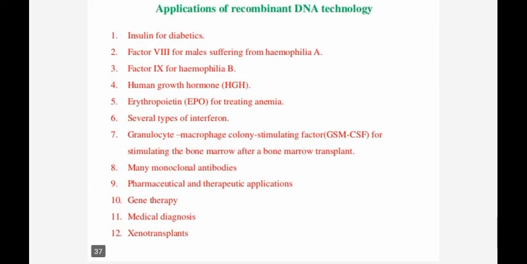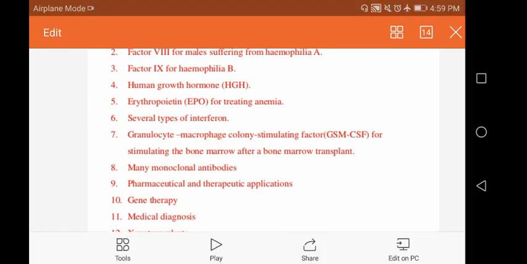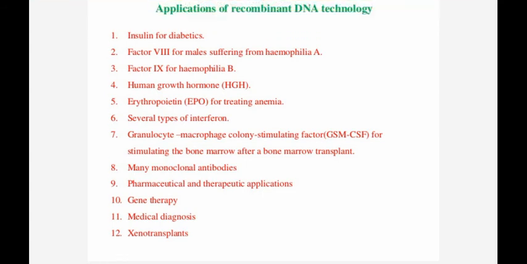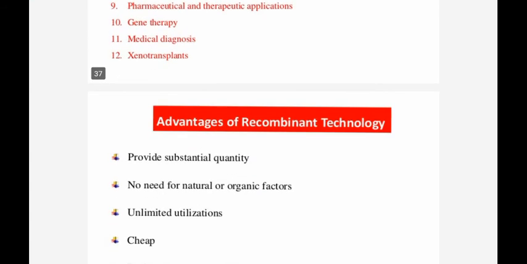Other applications: insulin for diabetes, factor 8 for males suffering from hemophilia A, factor 9 for hemophilia B, human growth hormone, erythropoietin for treating anemia, several types of interferon, granulocyte and macrophage colony stimulating factors for stimulating the bone marrow after bone marrow transplant, monoclonal antibodies, pharmaceutical and therapeutic applications, gene therapy, medical diagnosis, xenotransplants.